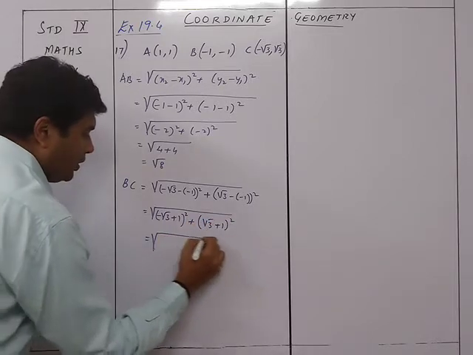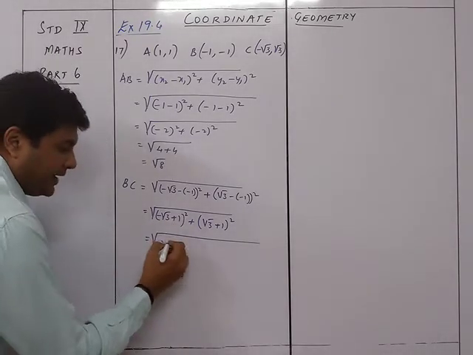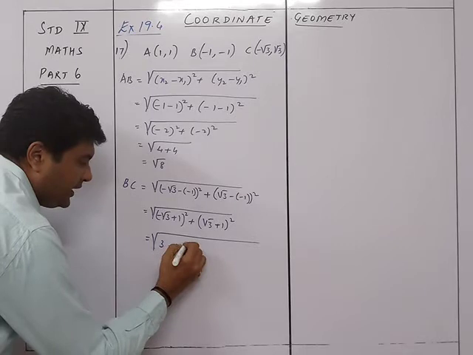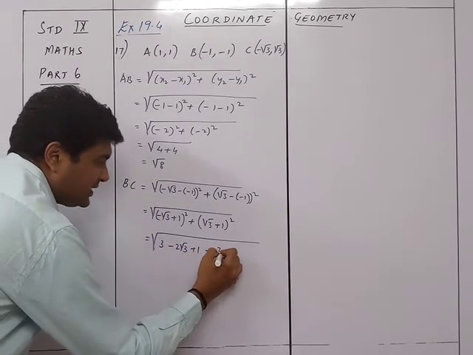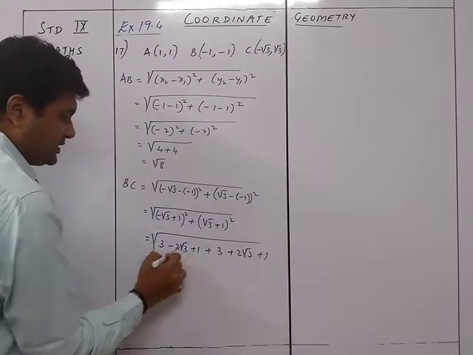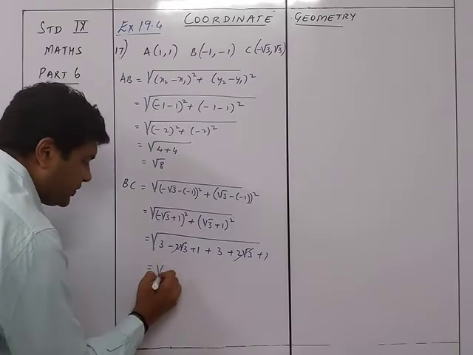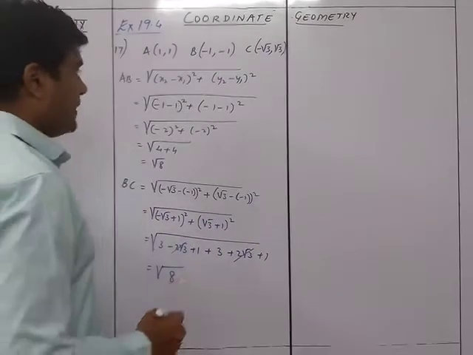On squaring this part, we get 3 minus 2 root 3 plus 1 plus 3 plus 2 root 3 plus 1. The middle terms cancel, so that gives root of 3 plus 1 plus 3 plus 1, which is 8. That's root 8, the same as AB. Good, so that's one part.